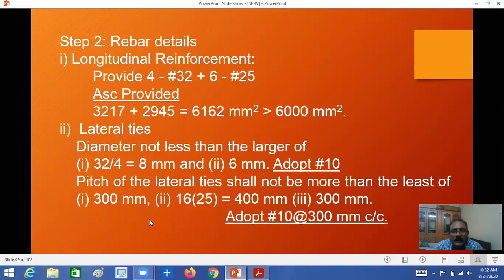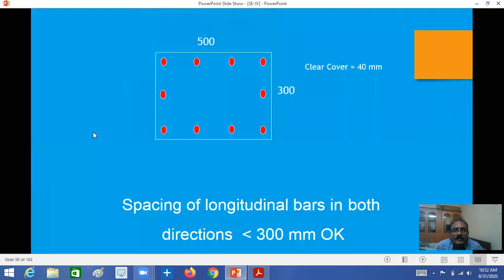So adopt 10 mm bars at 300 mm center to center. So these are the lateral ties. Okay, this is the figure we have to show. Without this figure, it is not complete.